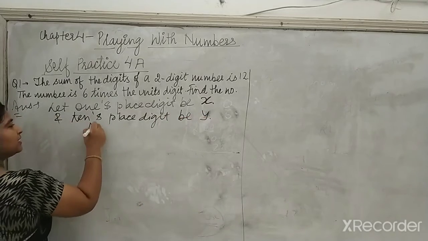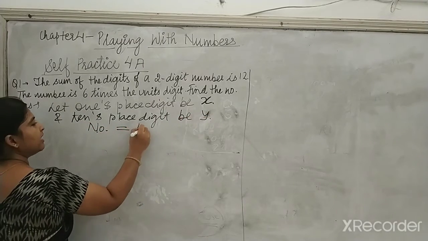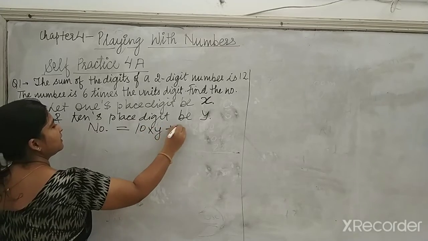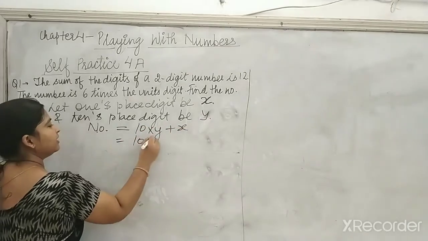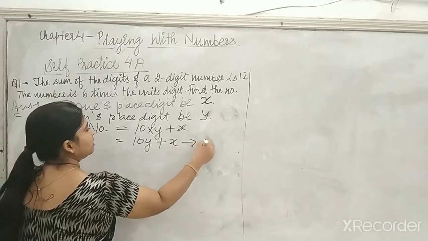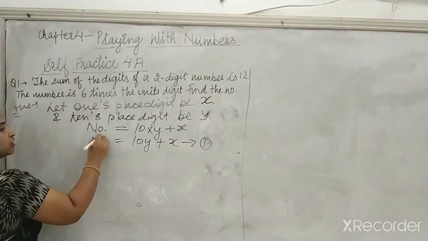So can I say the number will be 10 times the tens place digit plus x, that is 10y plus x. Give it equation number 1. So this is your number.